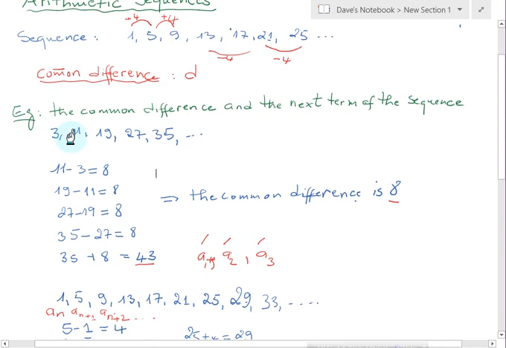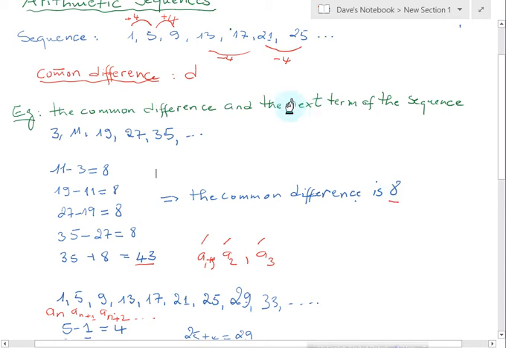So 11 minus 3 is 8, 19 minus 11 gives you 8, 27 minus 19 gives you 8, and 35 minus 27 gives you 8. So the common difference D is 8, and that's the first answer to our question.